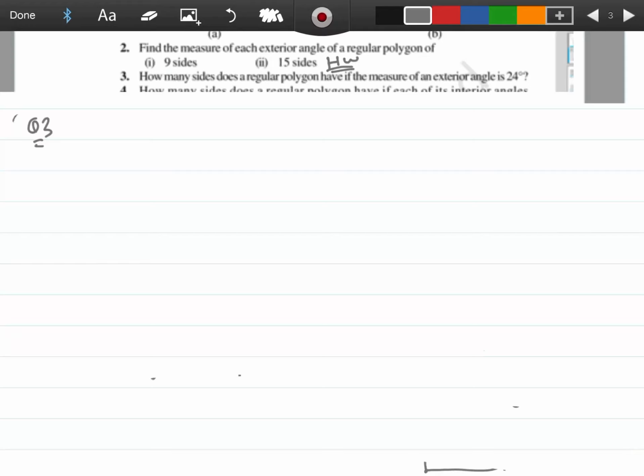Question number 3. How many sides does a regular polygon have if the measure of an exterior angle is 24 degrees?